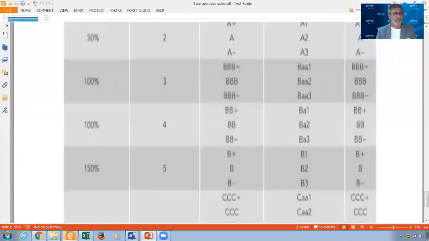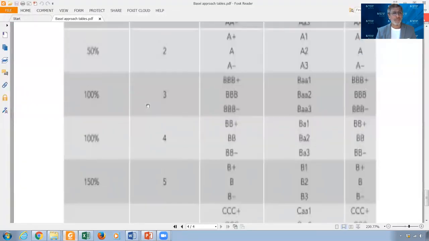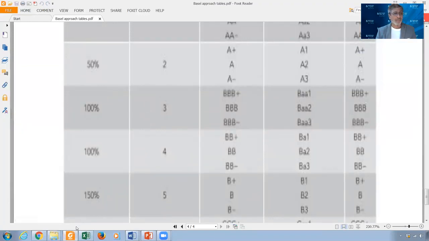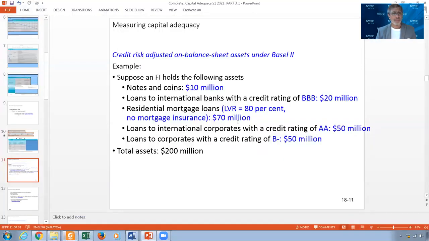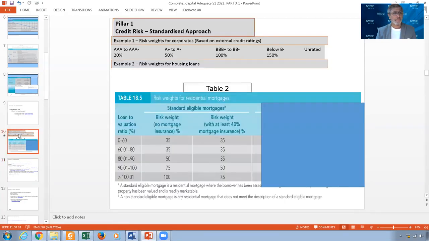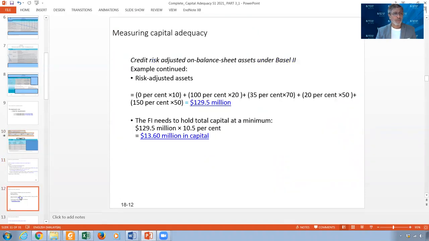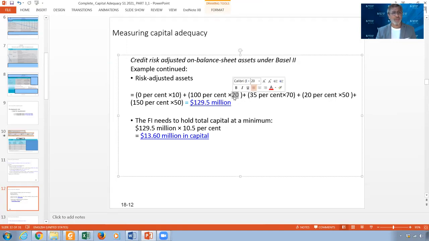Triple B is 100%, times 20. So this is triple B, 100% times 20, which is the dollar value.